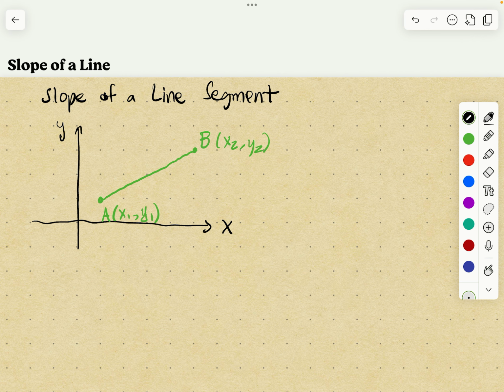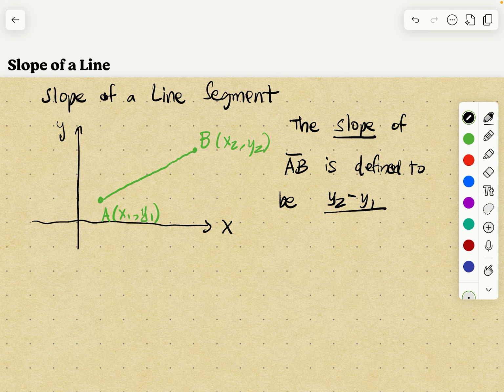Then the slope, and now I'm going to introduce this term, the slope of the line segment AB is defined to be y2 minus y1 divided by x2 minus x1.